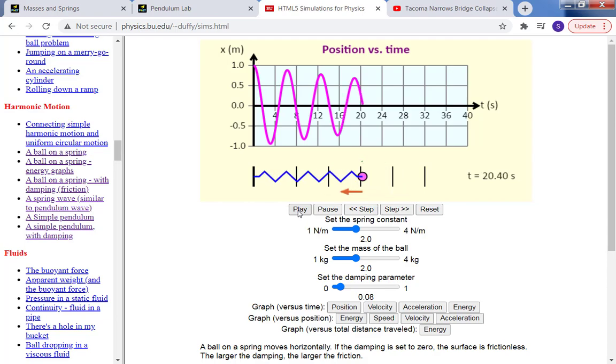So there's a lot of effort that's put into fine-tuning the springs in your car so that you don't get your bones jarred by having too much damping, and you don't have too little damping, which means, 10 miles later, your car's still oscillating because it went over a bump. So that is damped motion.